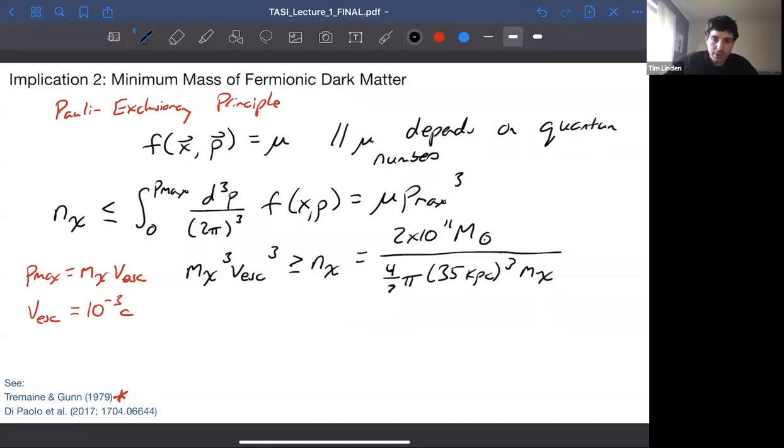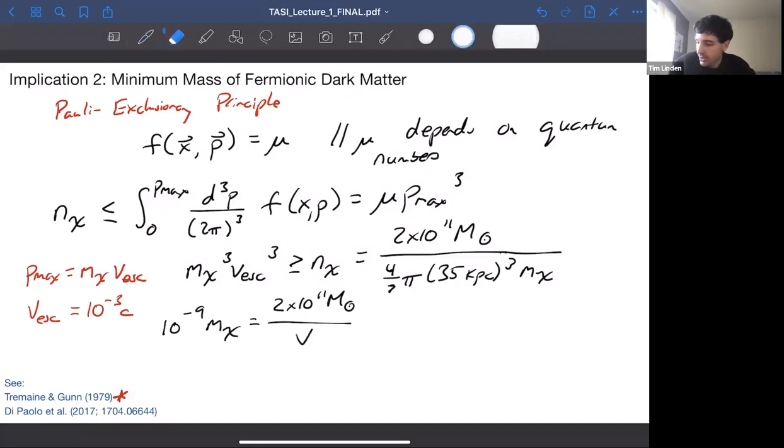So you can calculate this out, and we'll just throw in some unit conversions that are worth knowing. I don't know. Now, in the days of Google, they're probably not worth knowing. 2 times 10 to the 11 solar masses. I'm just going to call this V to save myself some writing. There are 10 to the 66 eV in a solar mass.